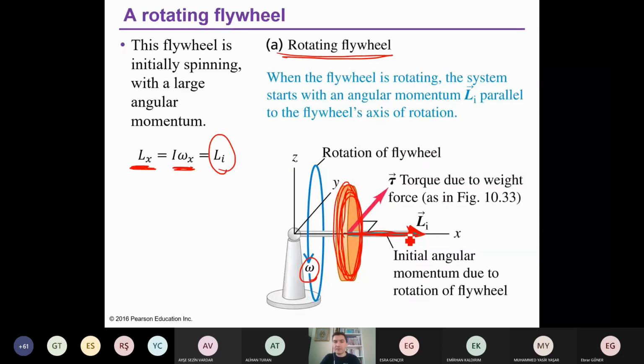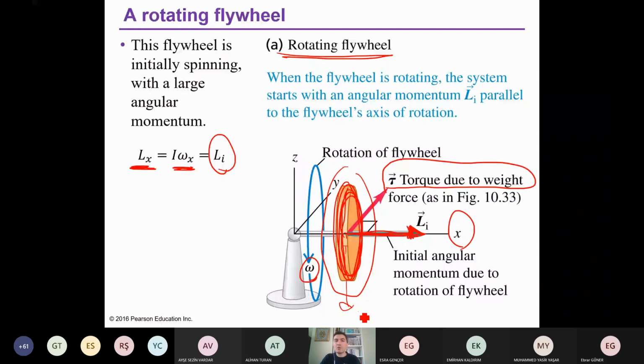Okay? So due to the weight, we have a torque acting on the flywheel. I have discussed this one. Here we have a weight, and due to this weight, we have this torque in this direction. So now what will happen?